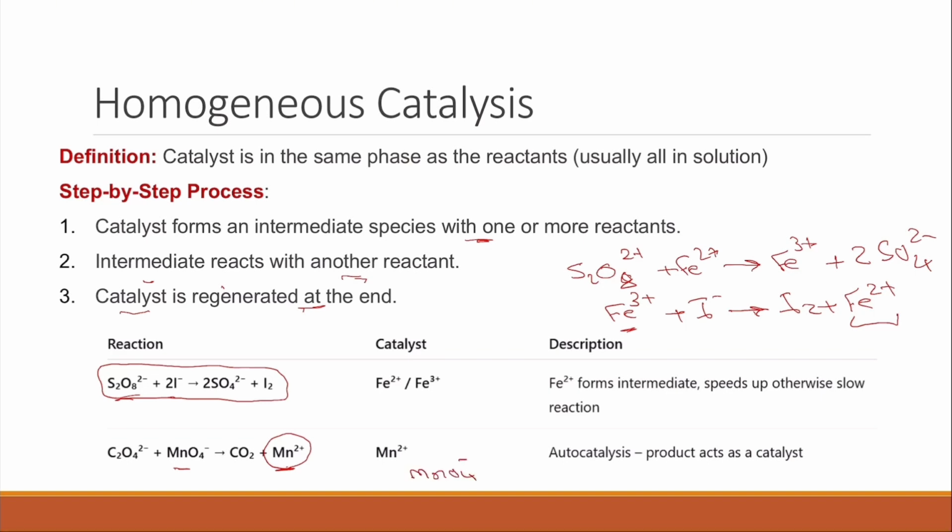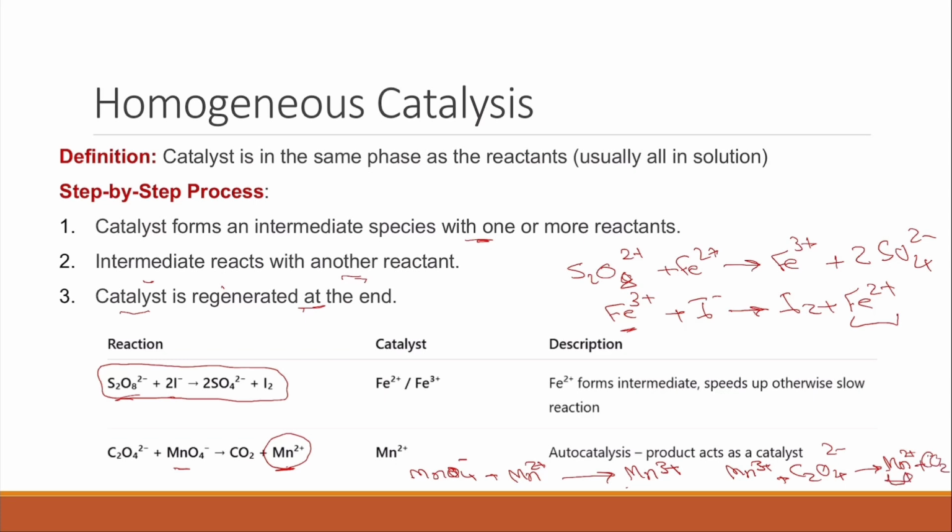I'm not going to balance it now. MnO4- reacting with the manganese(II) will give manganese(III). This is an intermediate, the manganese(III), which now reacts with the C2O4 2- to give manganese(II) and also carbon dioxide.